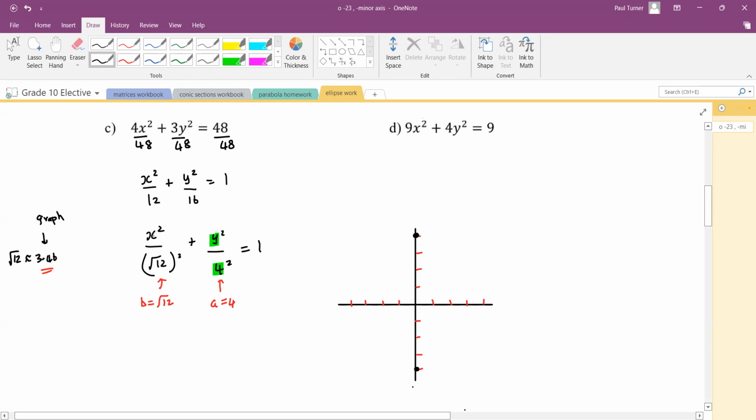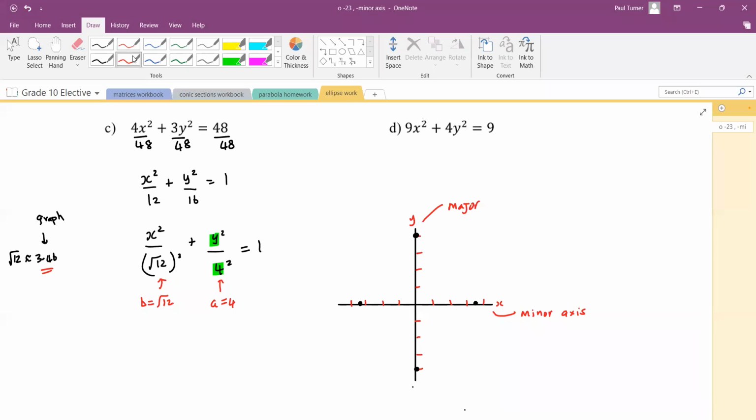And along the x-axis, we have 3.46. So 1, 2, 3, it's around 3.5. So there, 3.5 there. And so this is your major axis, which is the y-axis. And the x-axis in this case is the minor axis.